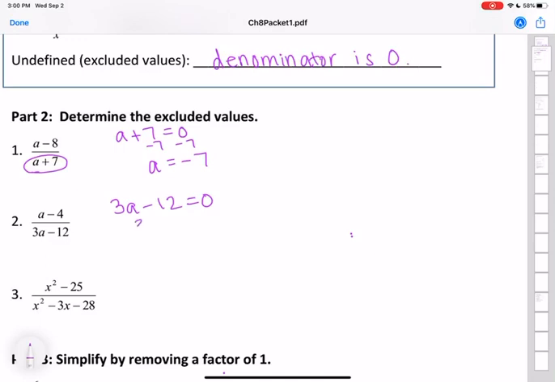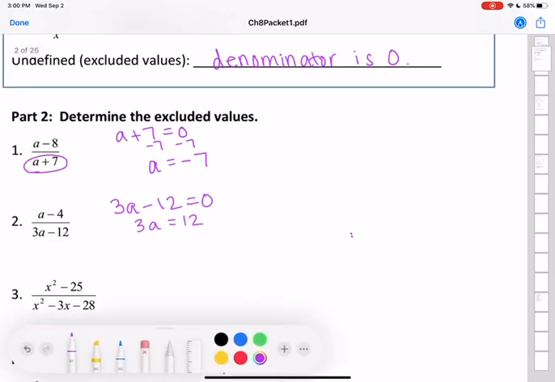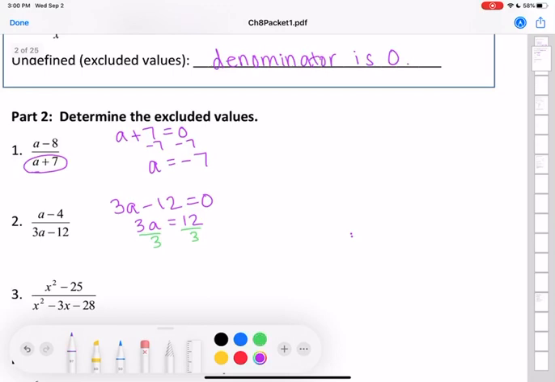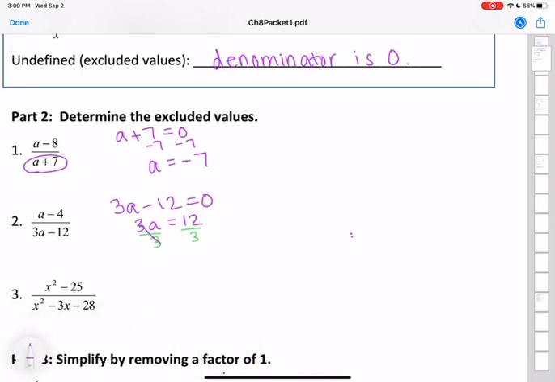So I have 3a equals 12. And then what do I do next? To get the a by itself, I'm going to divide both sides by that 3. And I get a equals 4.